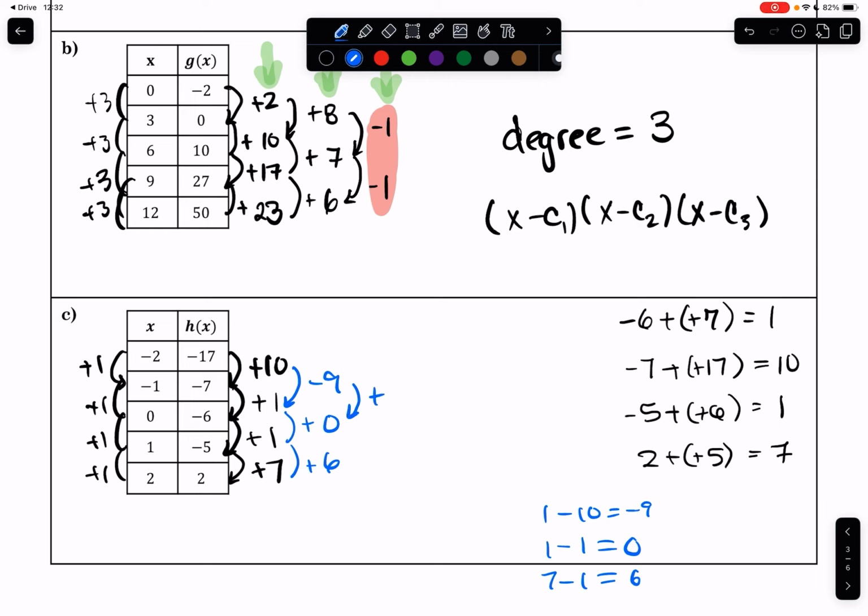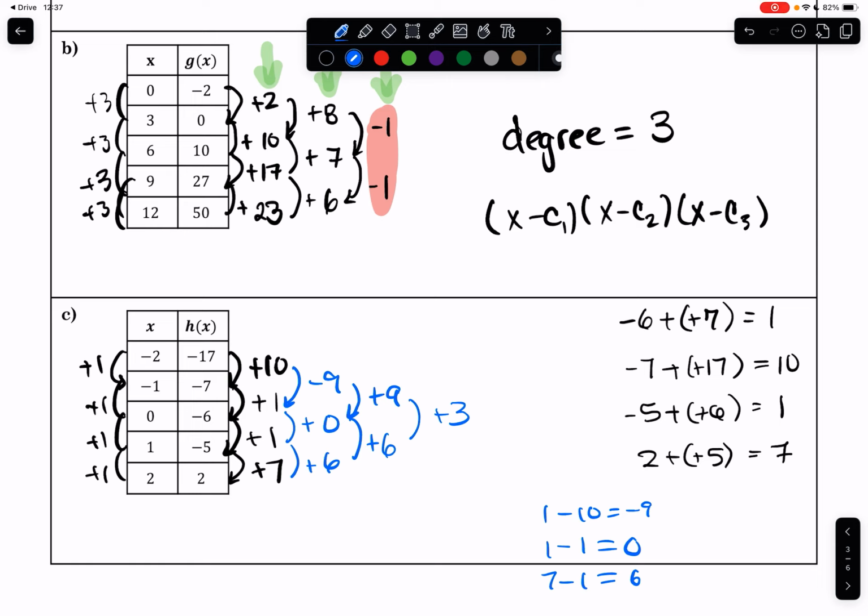So this is a difference of +9. This is a difference of +6. And well, this is only a difference of +3. So not enough information to figure this one out.